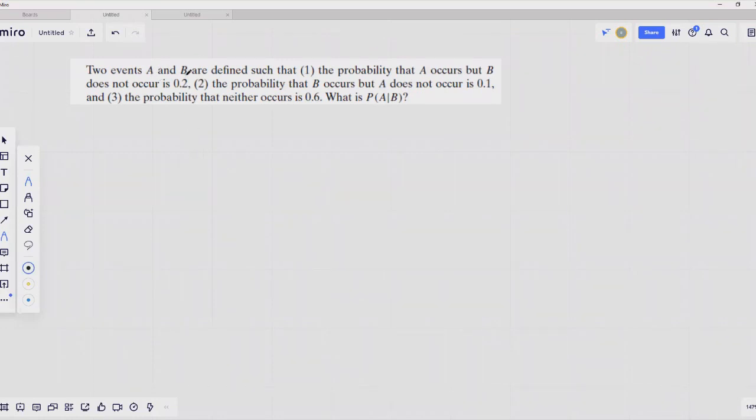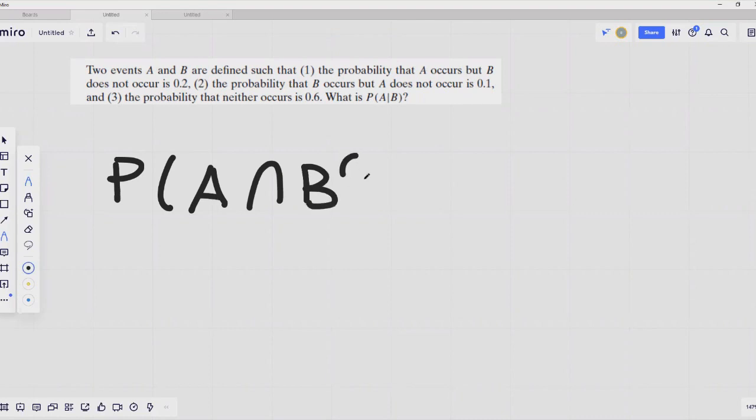We have two events A and B. They are defined such that the probability that A occurs but B doesn't is 0.2. So A intersection with B complement is given as 0.2. The probability that B occurs but A doesn't is 0.1.